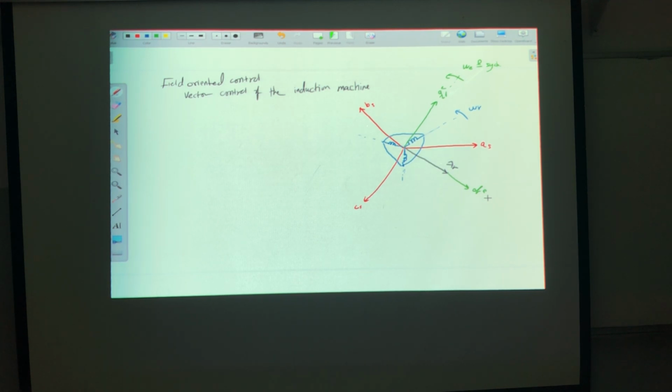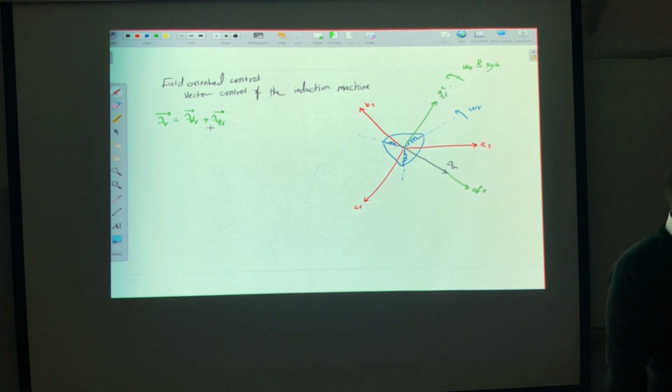Now, any vector lambda R can be described as lambda dr plus lambda qr. Now, due to my selection, all the flux is pointing where? So this is the information I can get.